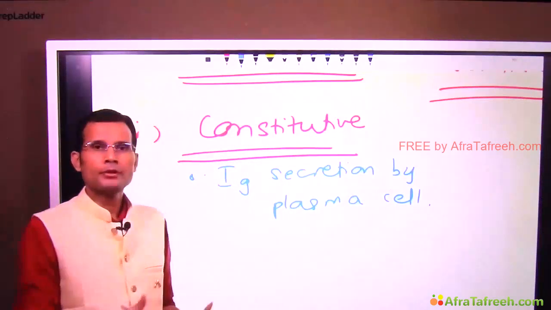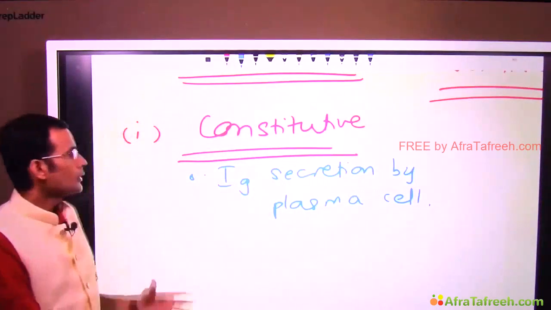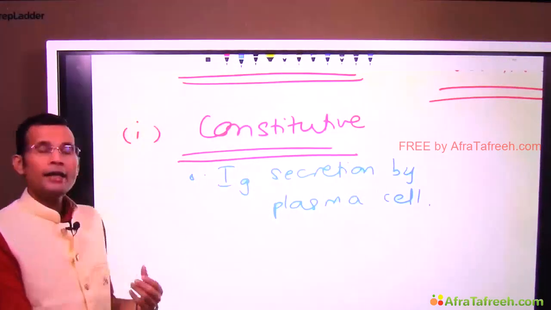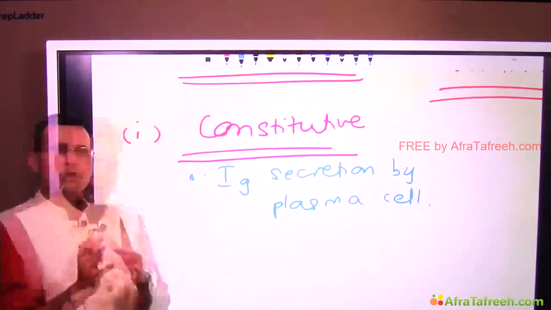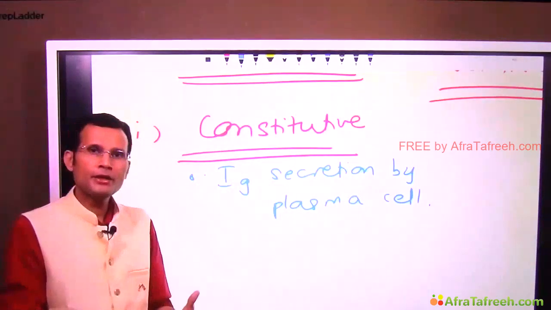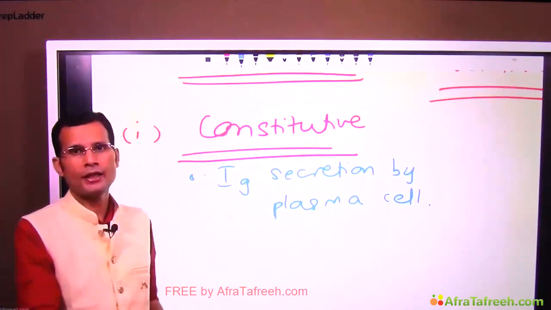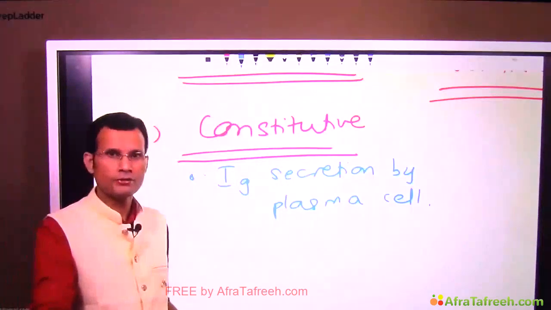But how does that happen? After the antigenic exposure, the immunoglobulins or antibodies are formed by the B cell. And when those antibodies are to be secreted, the B lymphocytes form an intermediary cell called the plasma cell, and then the plasma cell will continuously secrete the antibodies. This will be a continuous secretion after that.